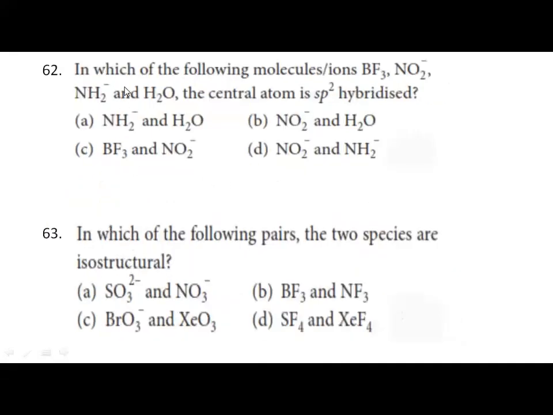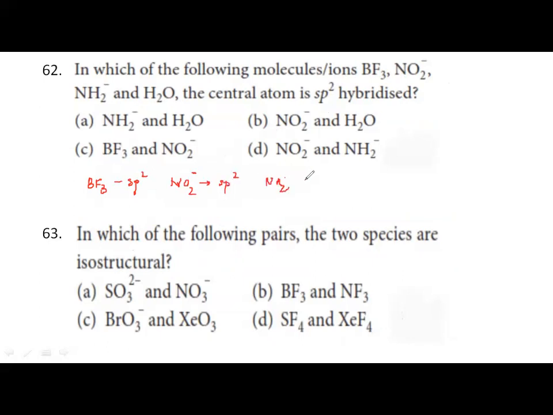Next question. In which of the following molecules or ions, BF3, NO2 minus, NH2 minus, H2O, is the central atom sp2 hybridized? If you consider BF3, we know that it is sp2. NO2 minus is also sp2.